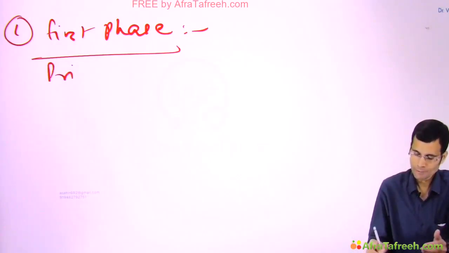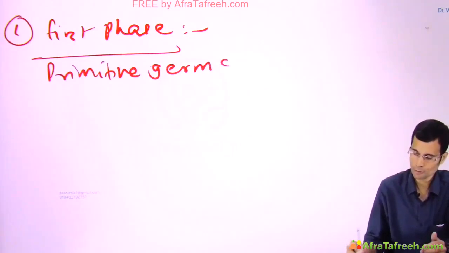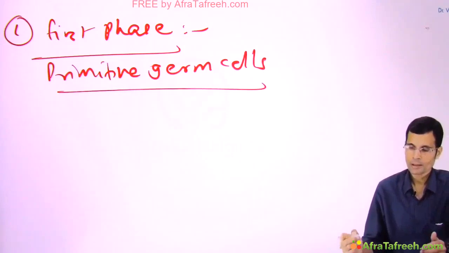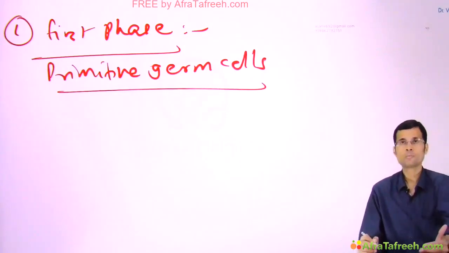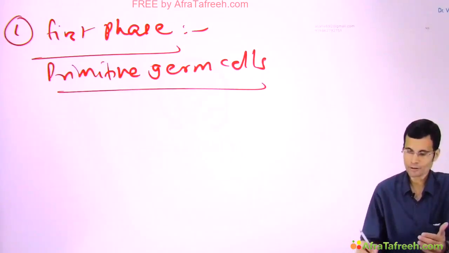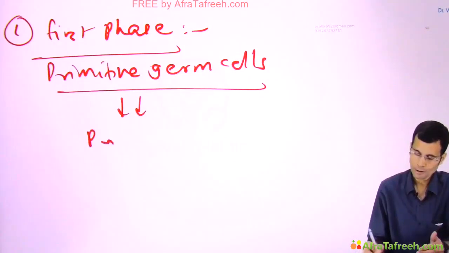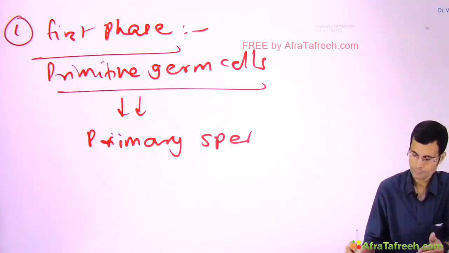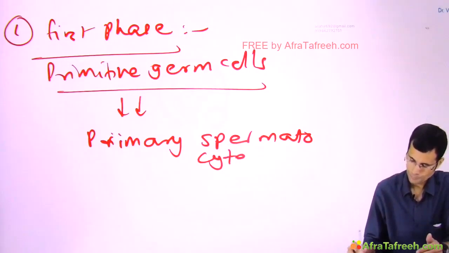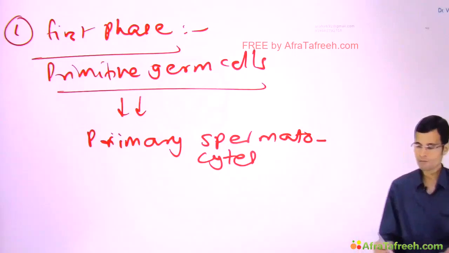The primitive germ cells in the walls of the seminiferous tubules undergo mitosis. They divide by mitosis to form the primary spermatocytes. That will be the first phase.